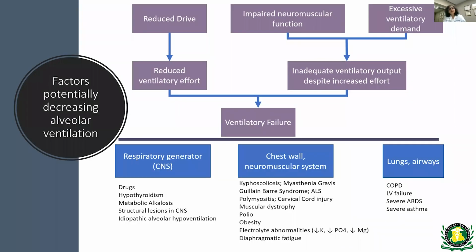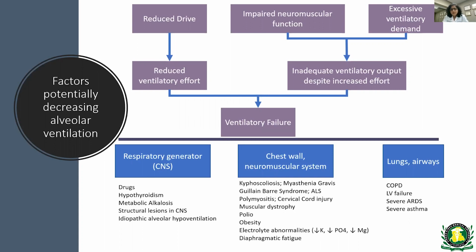Now, what are the factors potentially decreasing alveolar ventilation? They could be disorders of the central nervous system as it relates to drugs depressing the CNS, or hypothyroidism, metabolic alkalosis, structural lesions in the central nervous system, or idiopathic alveolar hypoventilation.